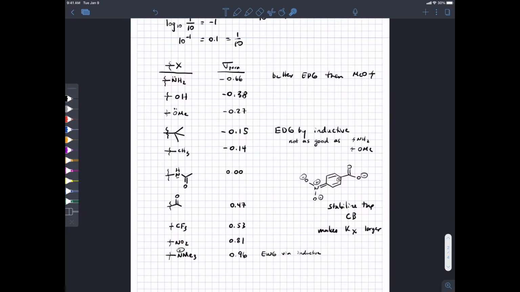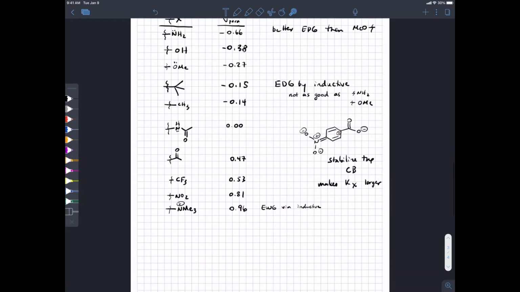Yeah, okay. So what we're going to do is run a related reaction and measure the rate or equilibrium constant for a reaction with a substituent versus hydrogen. And then we're going to plot that number versus this sigma value.